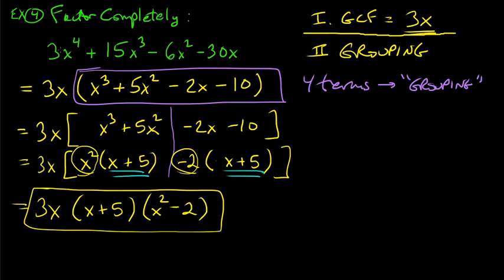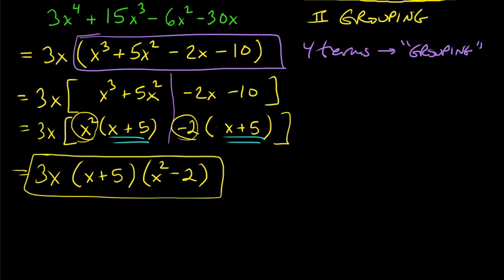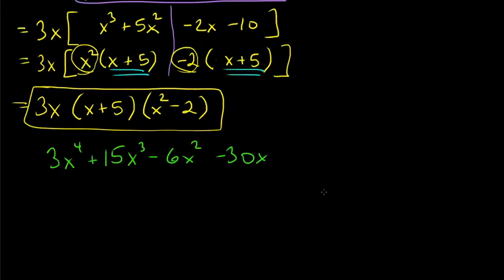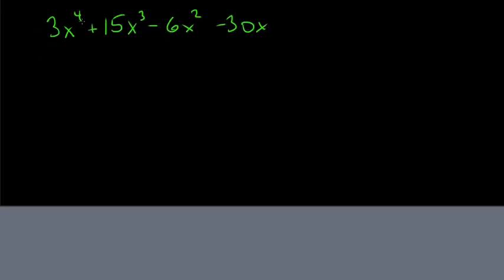Now, let's say you didn't notice the GCF here. So I'm going to copy this down. This was the original problem. Let's say I didn't factor out the GCF because I didn't notice to do that, but I did factor by grouping. So I still split this up into two terms.